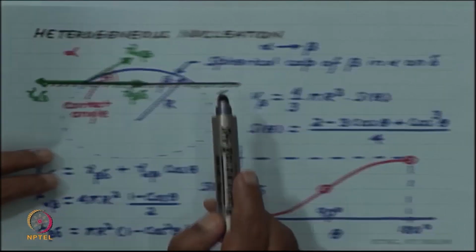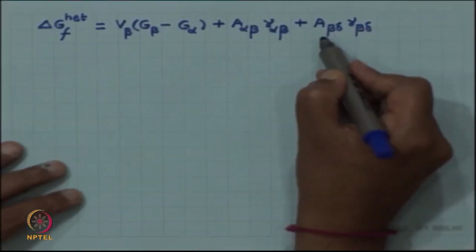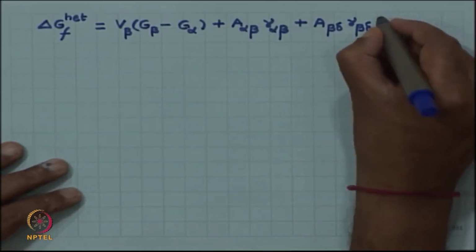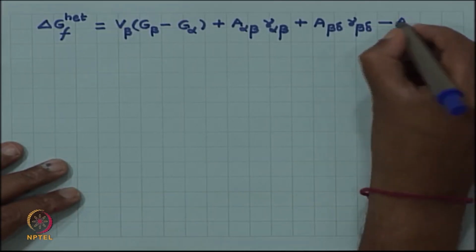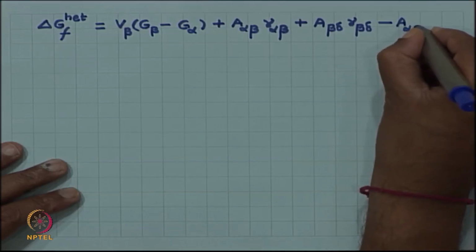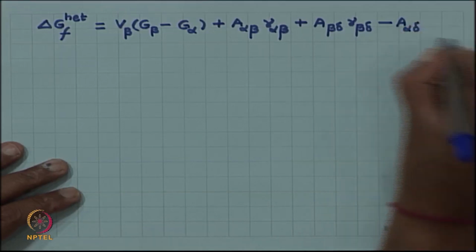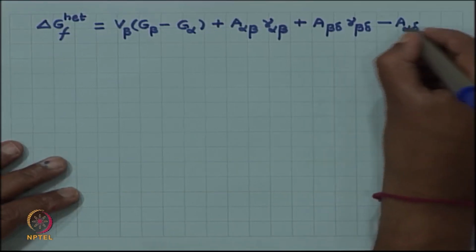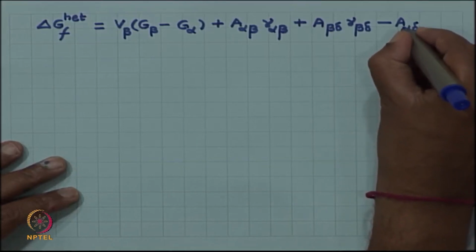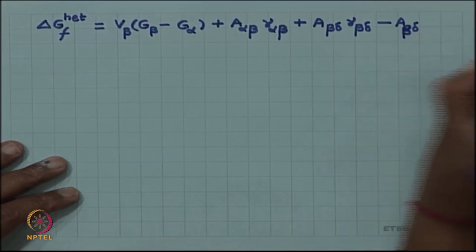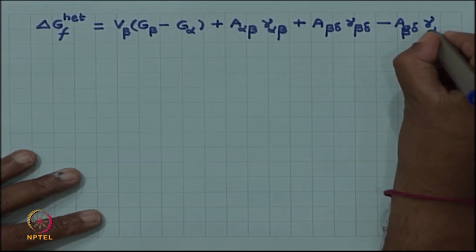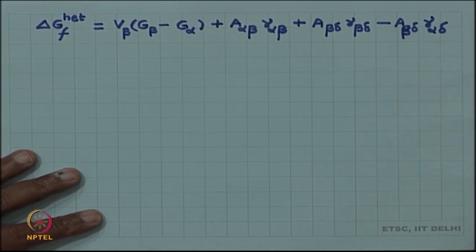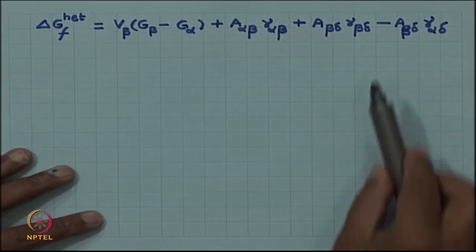So, the amount of area which we created for beta delta, the same amount of area was removed from alpha delta. So, let me not write this as alpha delta, let me keep writing this as beta delta only, because the area is the same, but the surface energy is alpha delta. So, this is important.